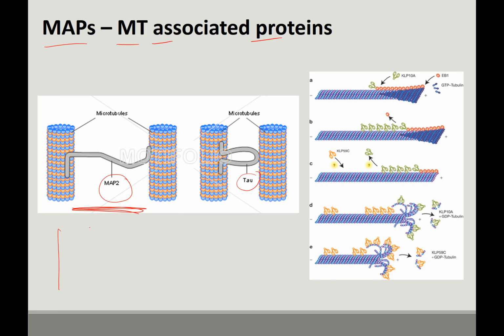And so the bundles of microtubules that MAP2 connect are going to be more loosely connected than the bundles of microtubules that tau connects, because tau is a much shorter protein. So microtubules can form bundles.